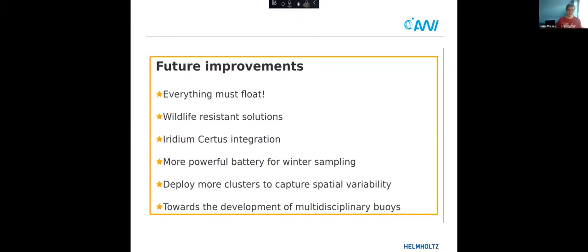And last but not least, to combine this and other systems in big arrays that allow a multidisciplinary monitoring of the system in a quasi-synoptic way.